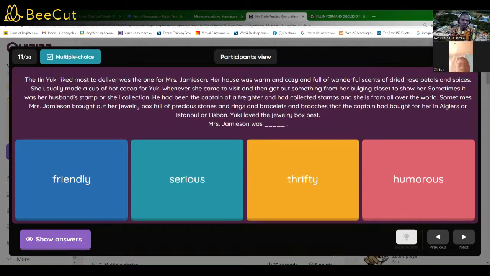Sometimes it was her husband's stamp or shell collection. He had been the captain of a freighter and had collected stamps and shells from all over the world. Sometimes Mrs. Jamison brought out a jewelry box full of precious stones and rings and bracelets and brooches that the captain had bought for her in Algiers and Istanbul or Lisbon. Yuki loved the jewelry box best. Mrs. Jamison was dash.